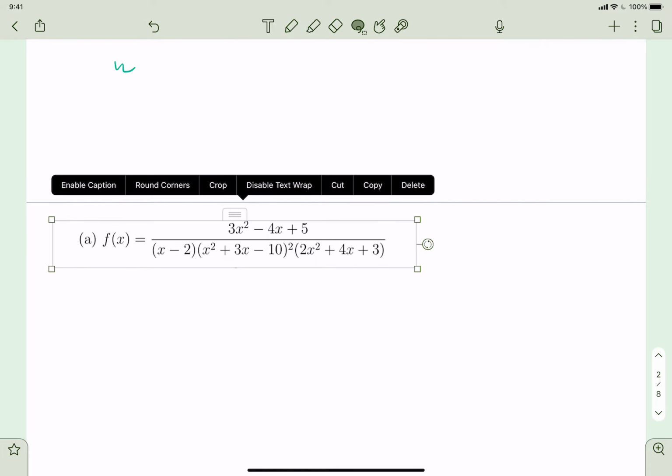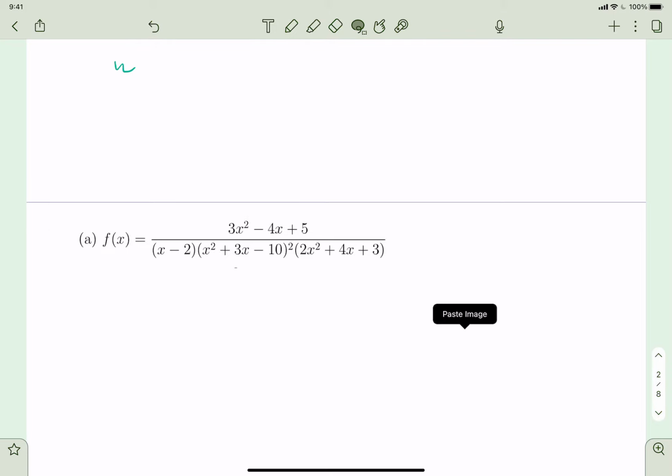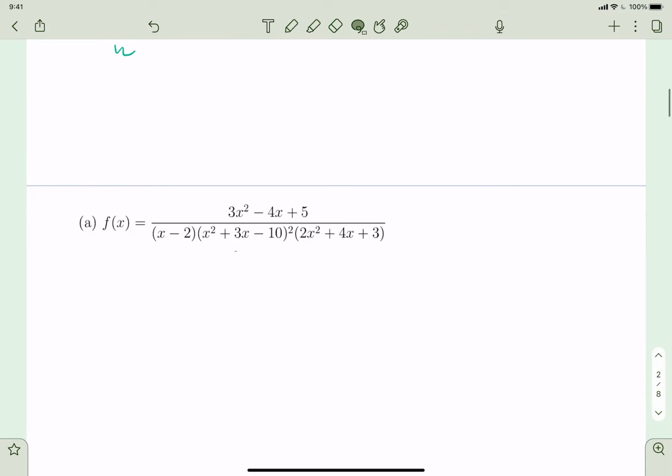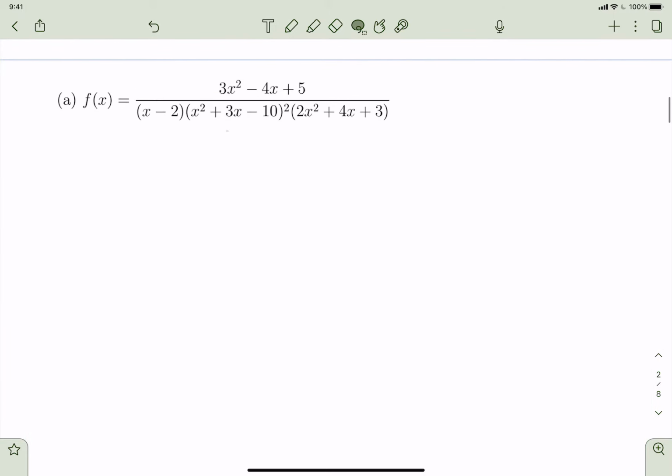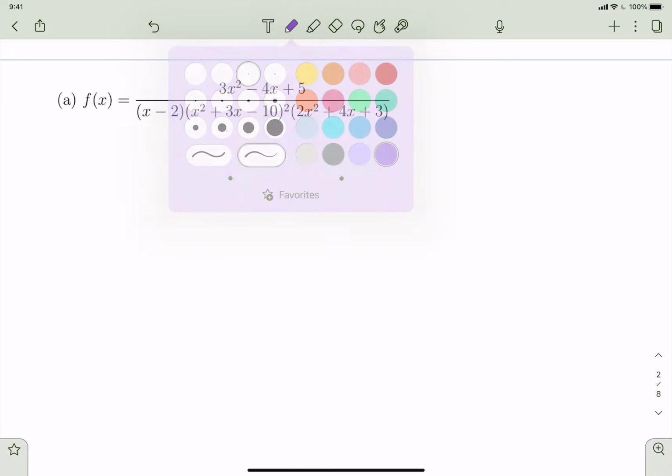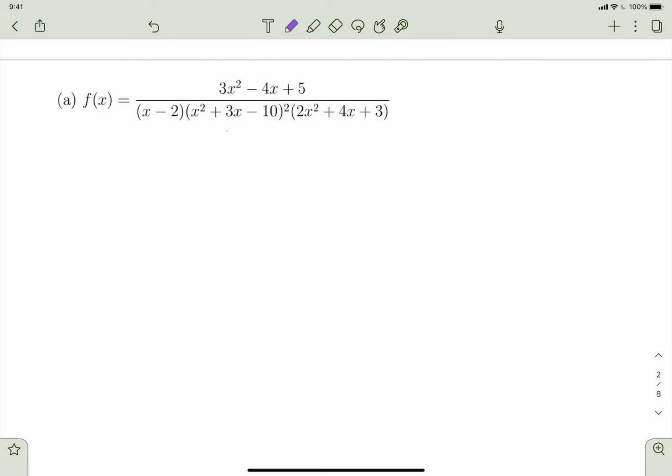For decomposing a fraction into partial fractions, we have two things to pay attention to. The first thing is to make sure that the power of the numerator is less than the power of the denominator, right? That's the first thing.